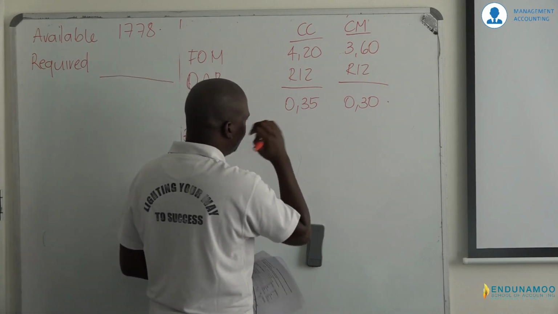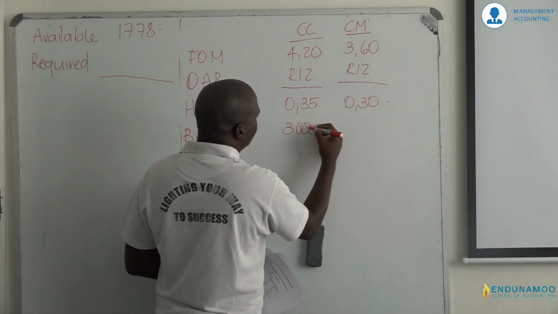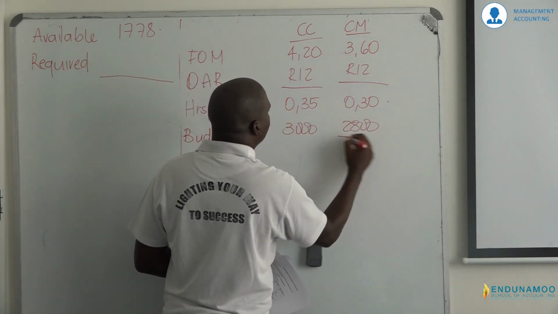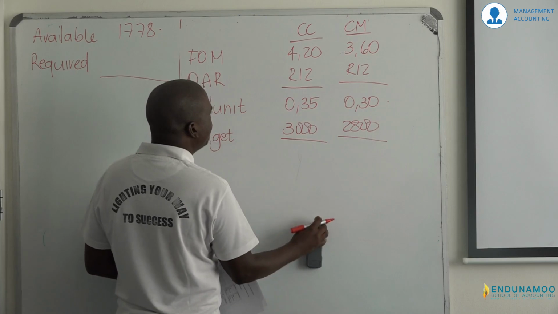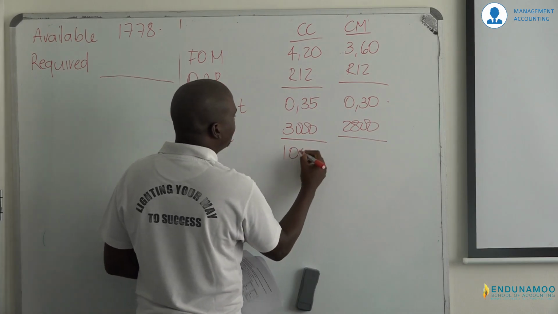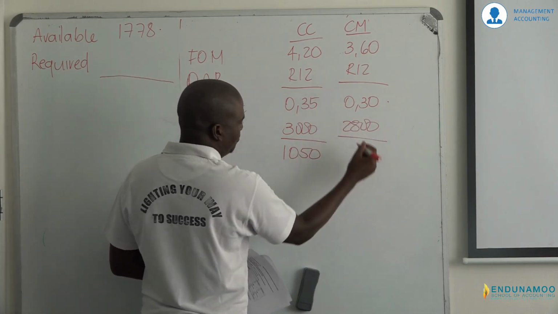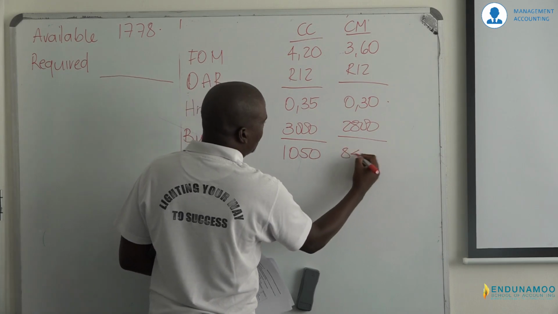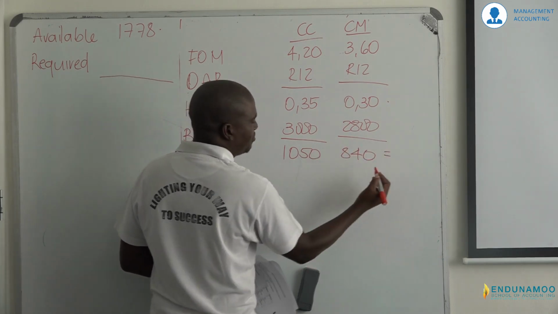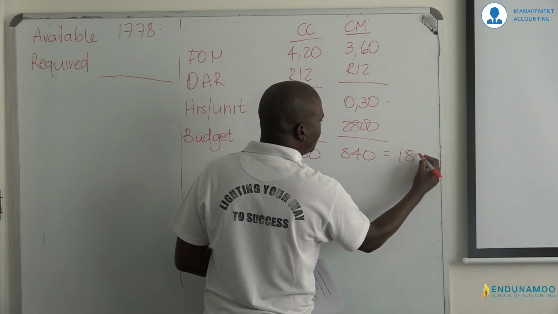How much? This being? Totaling what? 1,890.